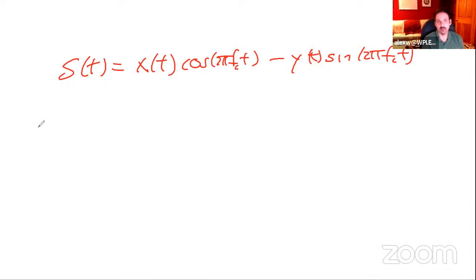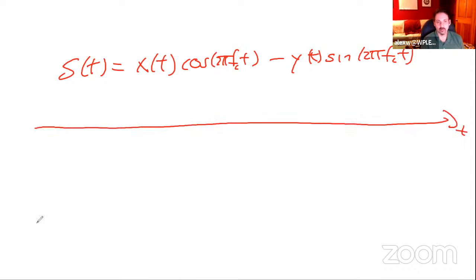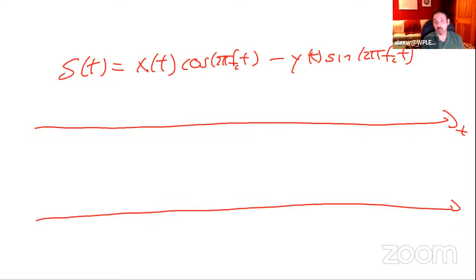I'm going to show why. So now we have the envelopes. I'm going to draw them in red. 0, 1, 2, 3, 4, 5, 6, 7, 8, 9, 10. And what is the envelope again?